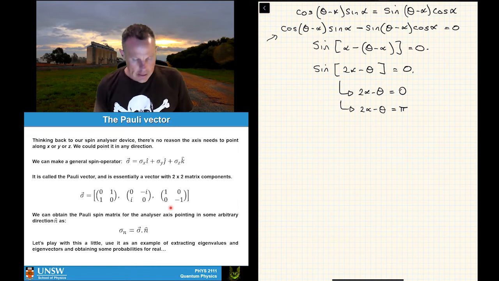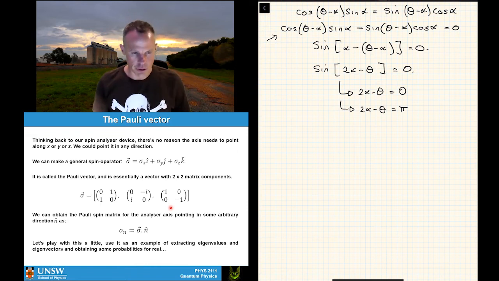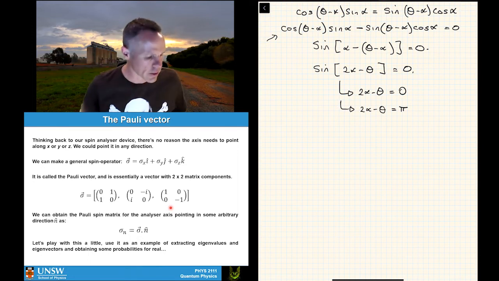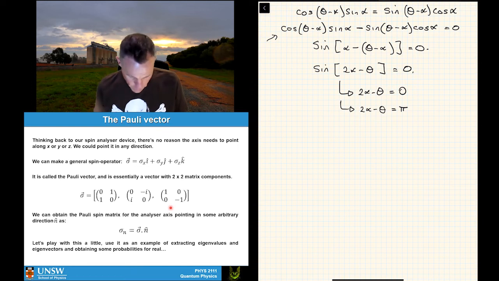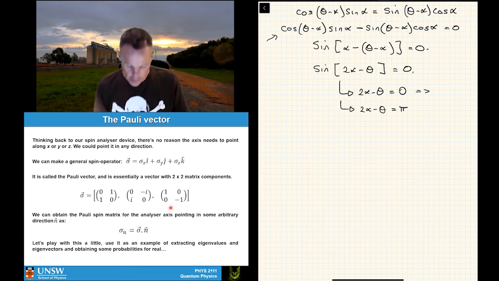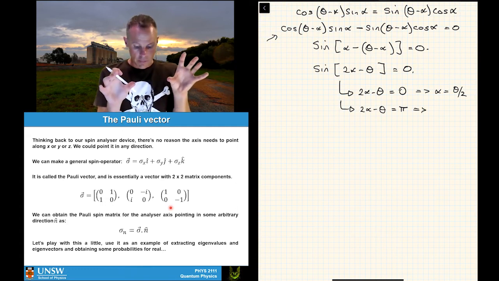Okay? So now we're heading towards two possible classes of solution, and we can drop out the higher pi numbers here to keep things nice and simple. This one here reduces quite simply to, we can take the theta on the other side and divide by 2. So this will be alpha equals theta on 2. And then for this one down here, we have to keep the pi.